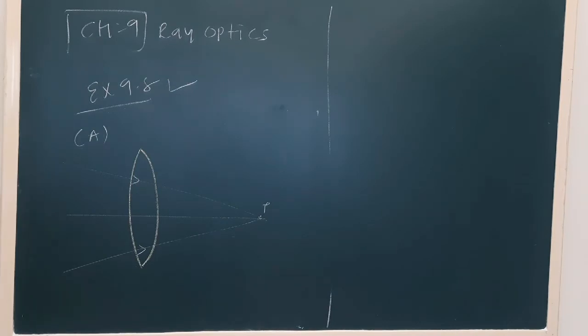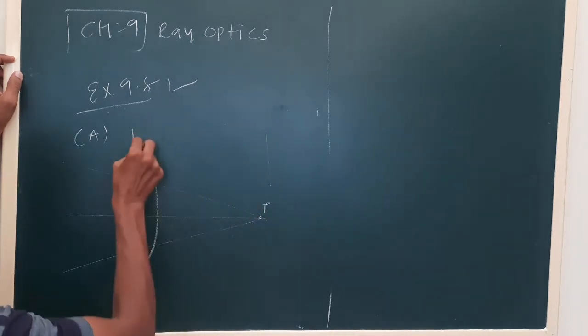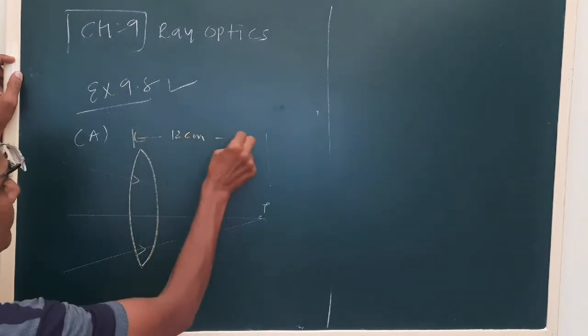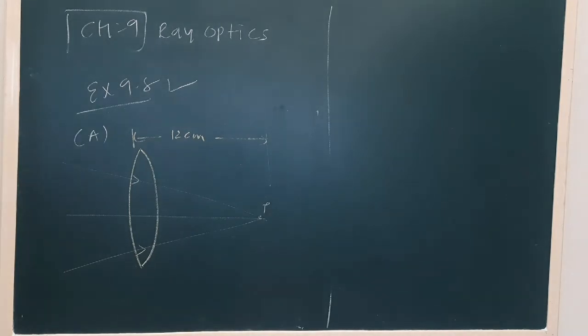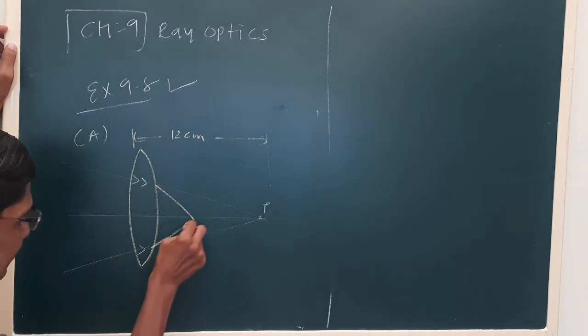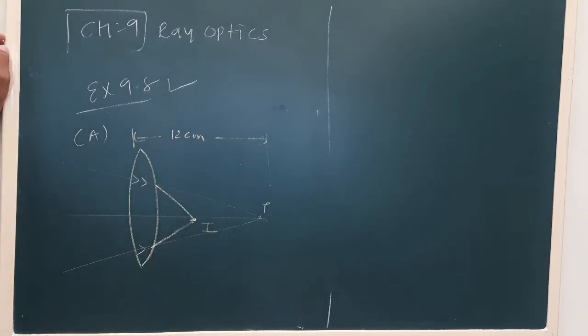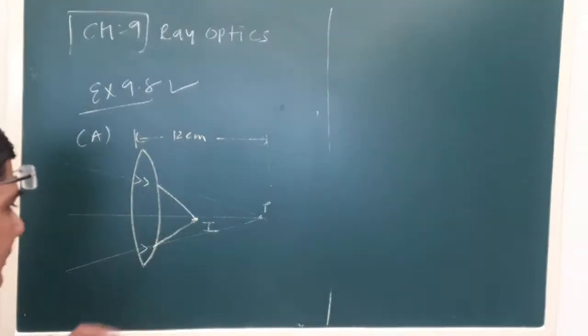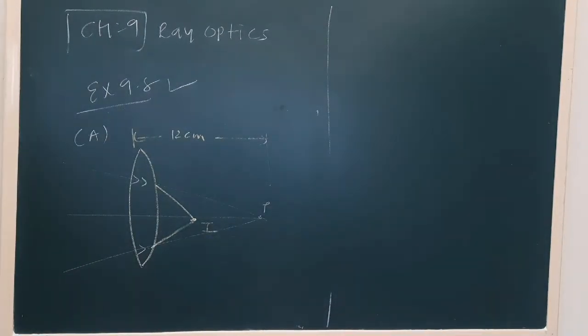Okay, see, we know the convex lens is a converging lens. Now see here, point P is at a distance of 12 centimeter from the given lens. Now we know the convex lens is a converging lens, so after refraction the rays will converge and here the image will be formed. Why? Because we know the convex lens is a converging lens. Now we have to find out at what distance the image will be formed.